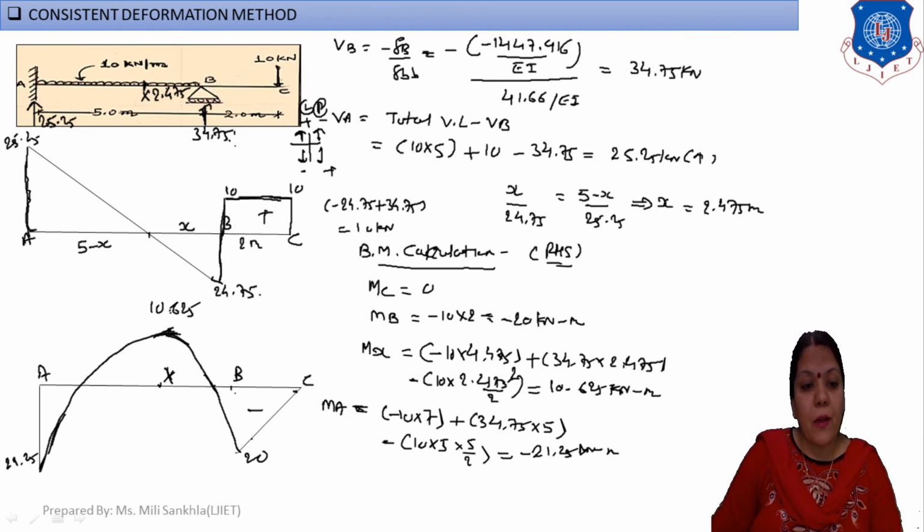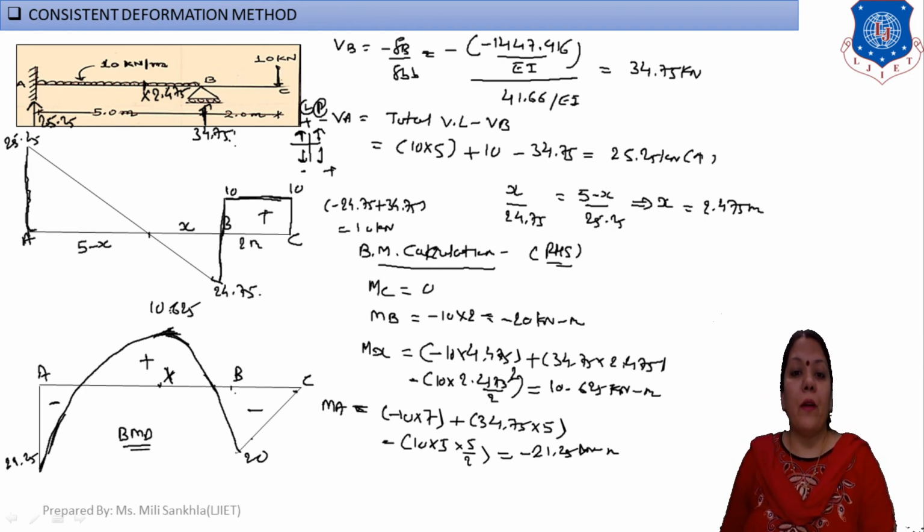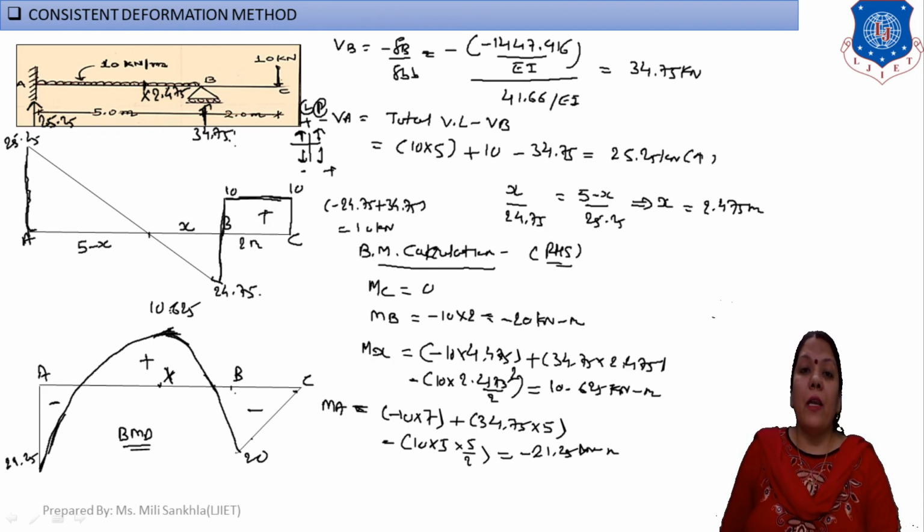Now this is minus, this one is plus, this one is minus, and this diagram is known as our bending moment diagram. Here we complete our second example of overhanging propped cantilever, but this is again an overhanging beam.